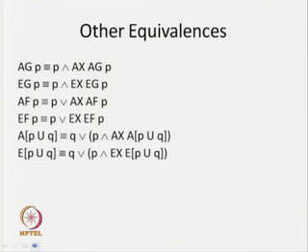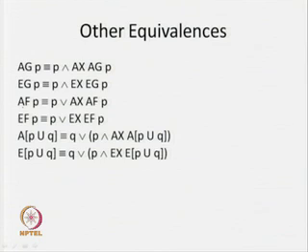Now, we have some other equivalences also, and we are saying that these are basically some sort of recursive definition. So, just see those particular equivalences. A G p is equivalent to p and A X A G p. Similarly, E G p is equivalent to p and E X E G p.